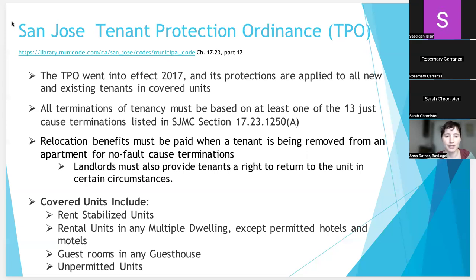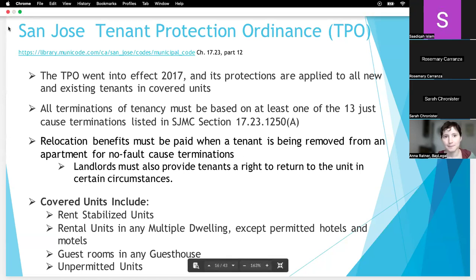And again, it only applies to quote unquote covered units as defined under the San Jose ordinance, which, look up the code section if you need to know the exact definition, but roughly speaking, older apartment complexes are covered by the San Jose Tenant Protection Ordinance.